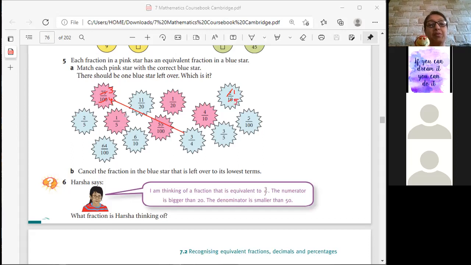And then I move to the third pink star, that is 1/20. 1/20 will be 5/100, because 5 ones are 5 and 5 20s are 100. Am I right? Yes, ma'am.